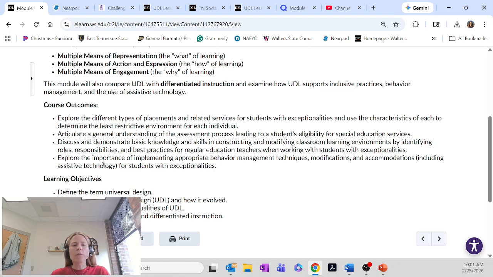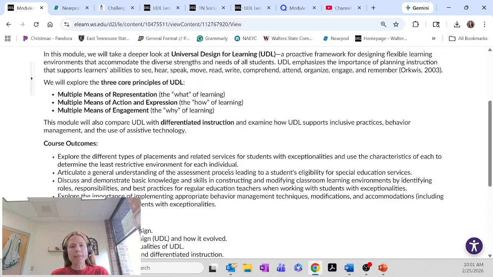So these learning objectives are going to help us meet the following course outcomes. Explore the different types of placements and related services for students with exceptionalities and the use of characteristics of each to determine the least restrictive environment for each individual. Articulate a general understanding of the assessment process leading to a student's eligibility for special education services.